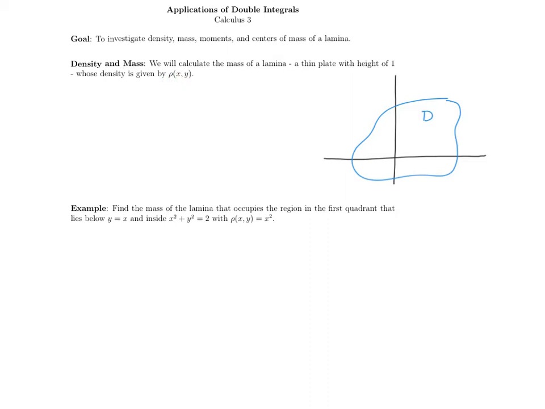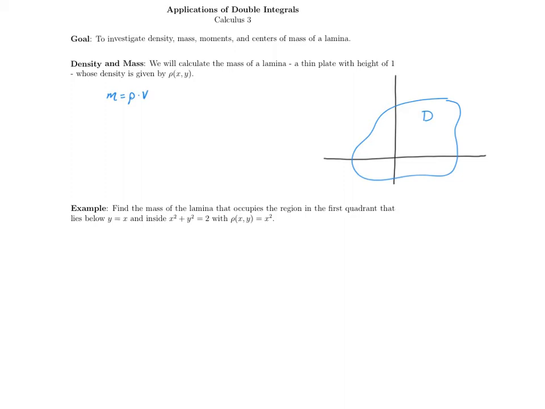Now, the reminder when it comes to mass and density is we typically think of the relationship that mass is equal to density times volume. But this formula holds true only when we have a constant density function, where it's perfectly reasonable to have what we might think of as more of a variable density function. The density of this lamina, or this object, depends upon the location you are in.